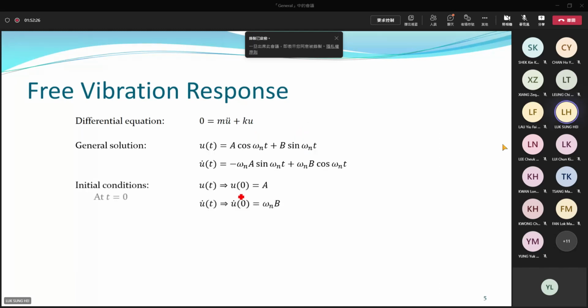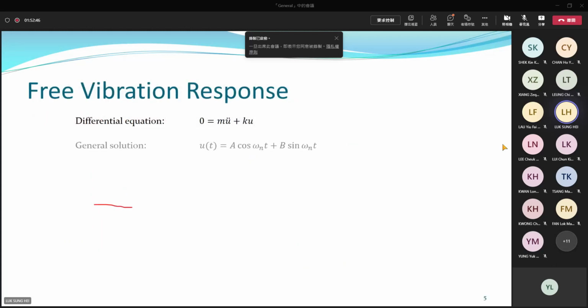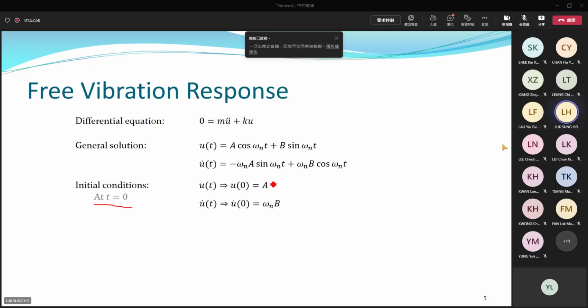Then what next? We can use our initial conditions. We have two initial conditions at time equal to 0. We have our initial displacement and our initial velocity, as given in the previous page. They are given. You need to know the initial displacement and initial velocity, otherwise the system has no response. Substitute t equal to 0 back into the two equations.